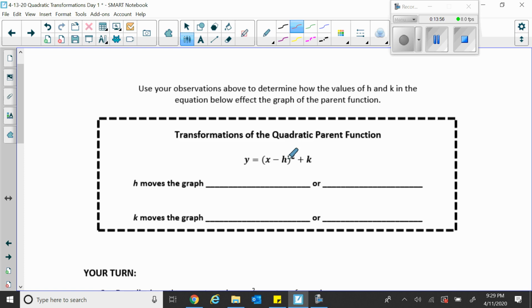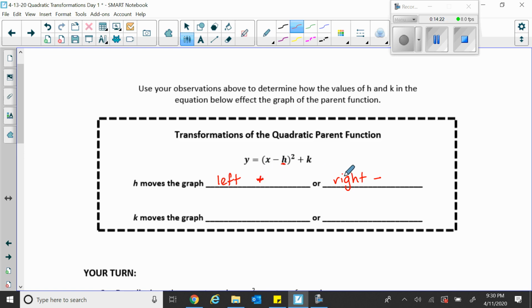So it says h, this guy right here, is going to move the graph left, and that's if it's a plus sign, or right, and that's if it's a minus sign, because remember, h is inside the parentheses, and it's going to be opposite of what we think. So if it said something like +3, it would actually move it left 3. That's why I put the plus sign there.